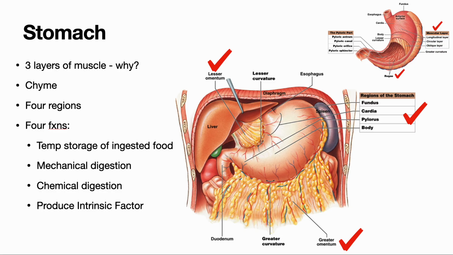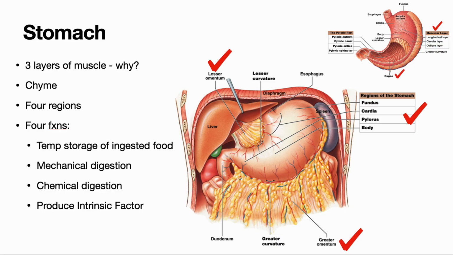And so that extra layer of muscle really strengthens the wall of the stomach for that function. Also, the food that enters the stomach is going to be called chyme now, as it turns into a pasty gray material as it gets mixed and partially digested chemically.